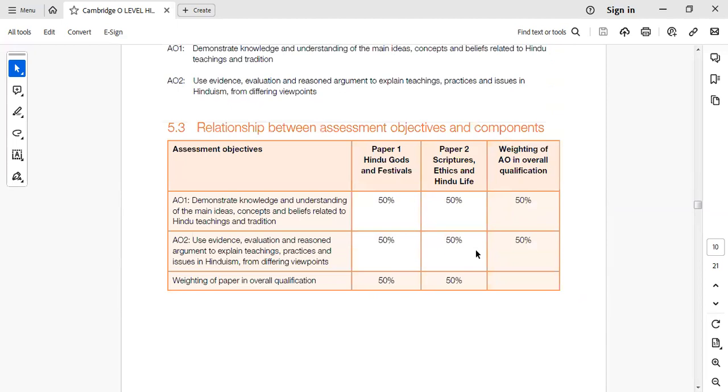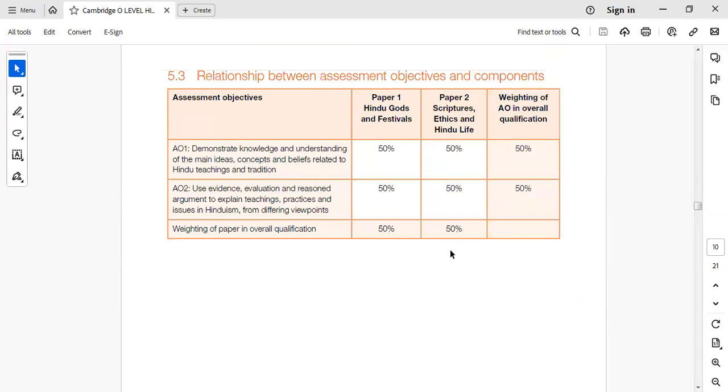Now, when you're writing an answer and when we are marking, we have certain expectations. You have certain objectives. What are the objectives? Firstly, demonstrate knowledge. Let's say you have a question on Shiv.